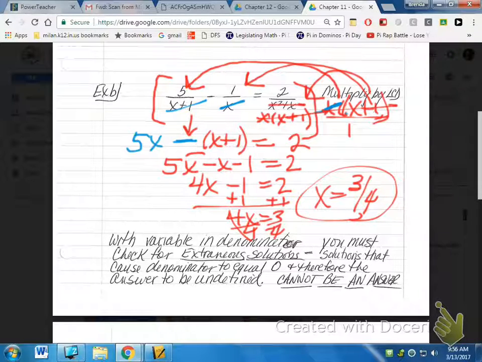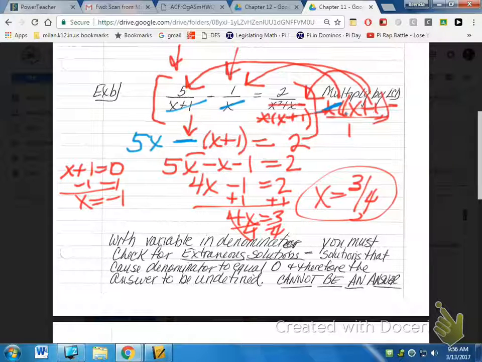So we did this very early on in the chapter. My first rational expression, the denominator is x plus 1. Remember setting it equal to 0 and saying that's what x can't be? So subtract 1. X can't be negative 1.